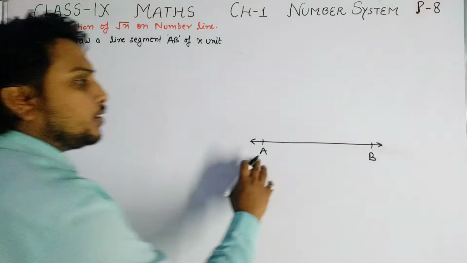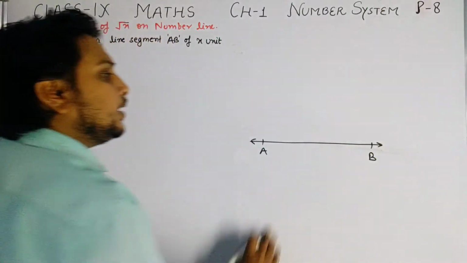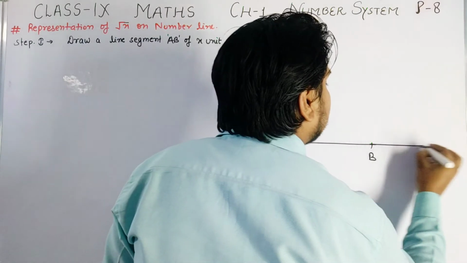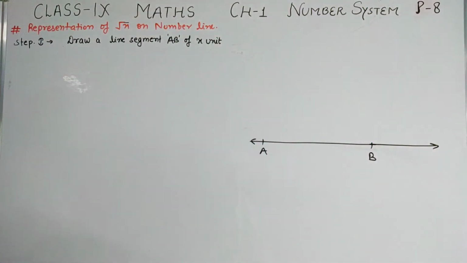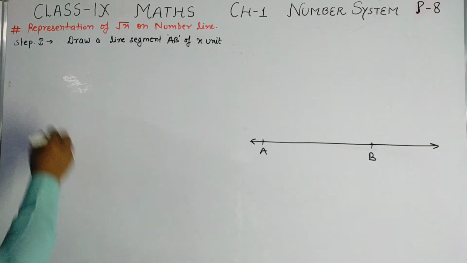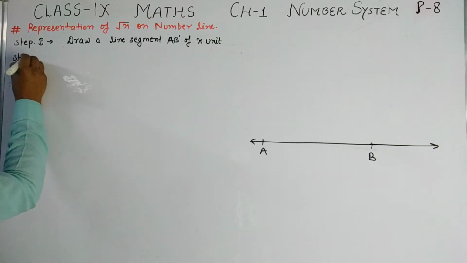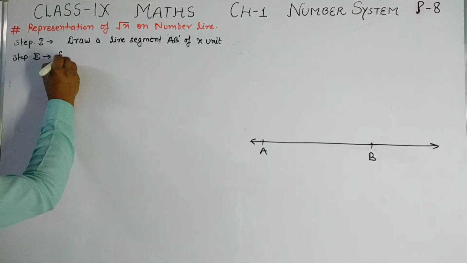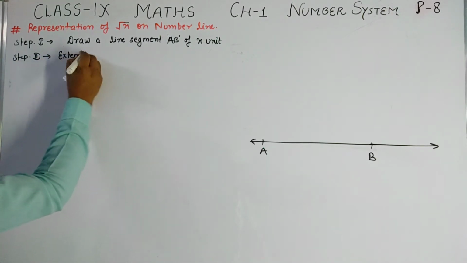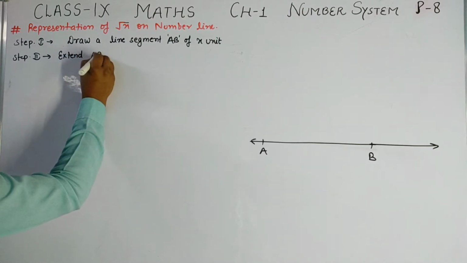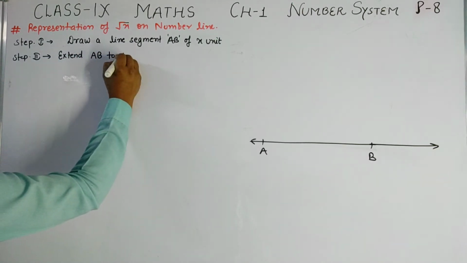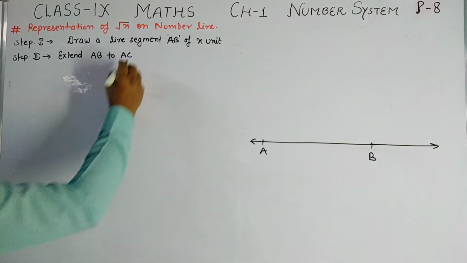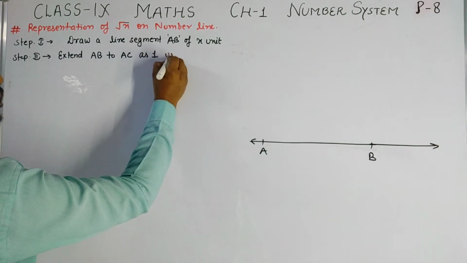Okay, the length of this AB is what? The length of this AB is x unit. After that, students, what will you do in step second? In step second, you have to extend AB to AC by one unit.